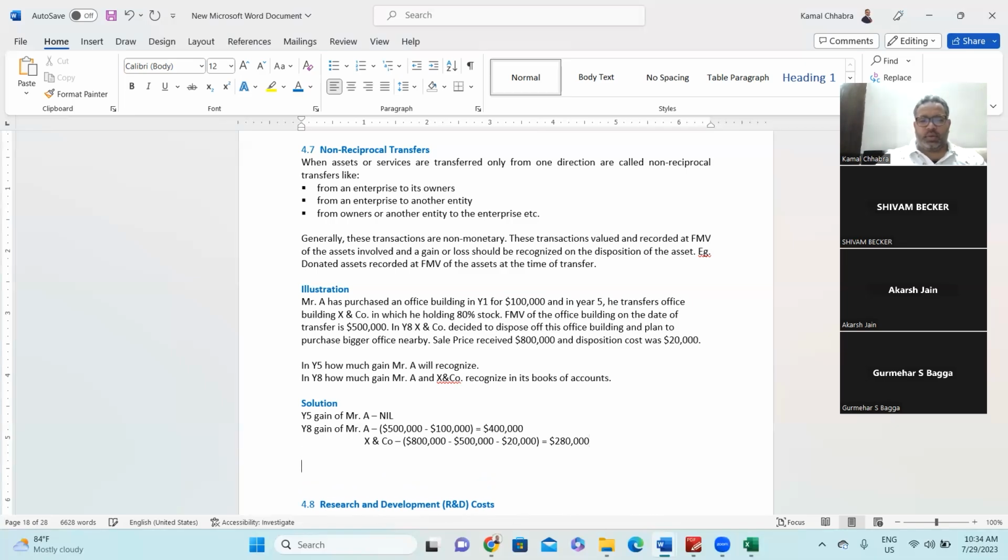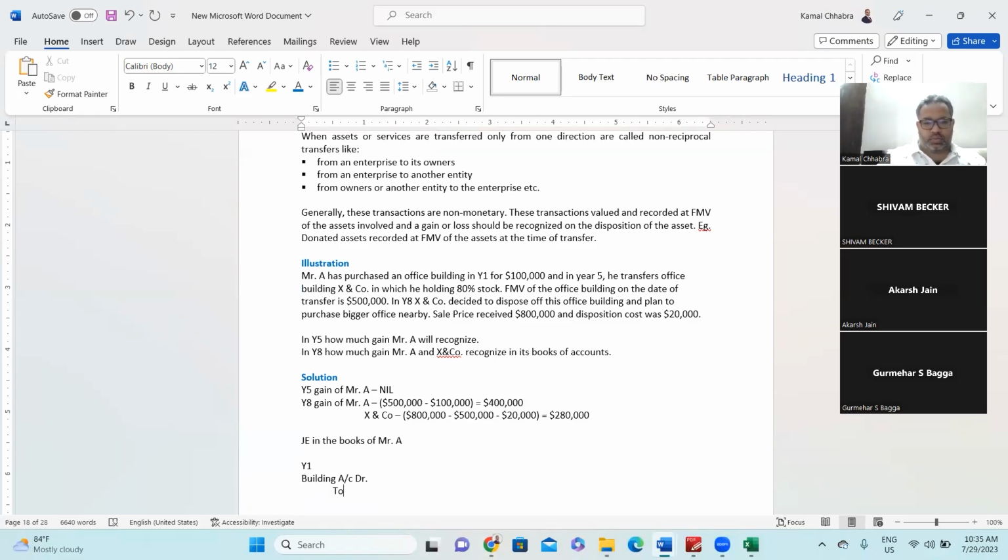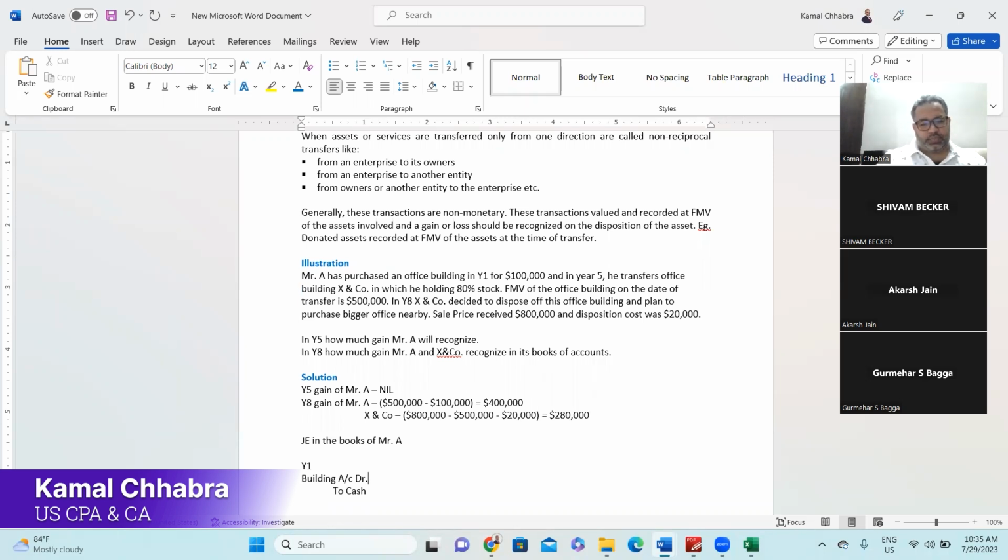Yes. So now, for example, you have to post the journal entry, right? So journal entry in the books of Mr. A. So year 1, when he has purchased the asset, right? Building account debit to cash, which he might have paid, right?